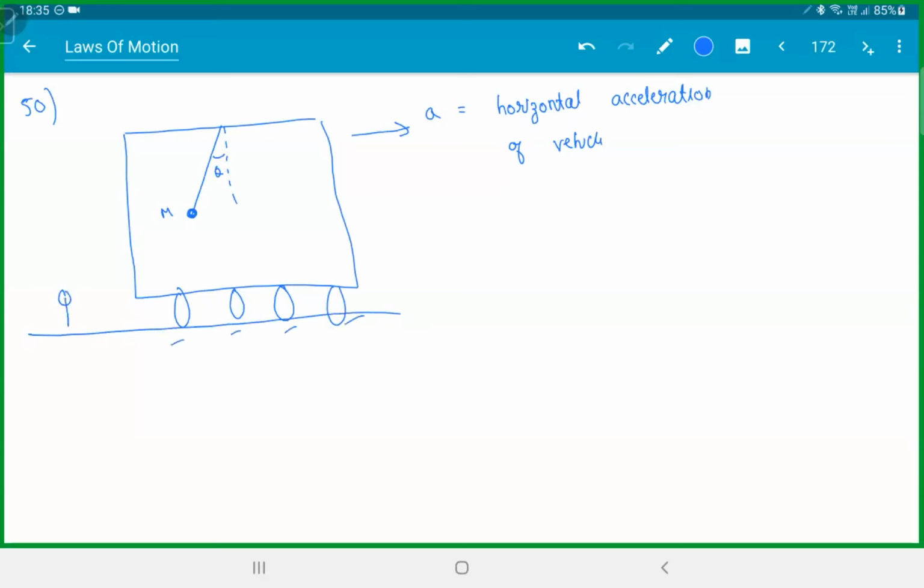And we have two people here. There is a person A on the ground and there is a person B standing inside. The pendulum inside makes an angle theta with the vertical. Find theta.